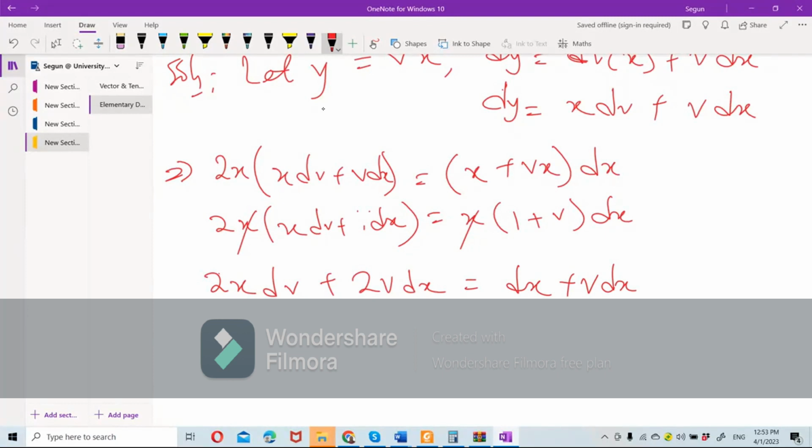We can match all the v together, and we can create a space for the x too.